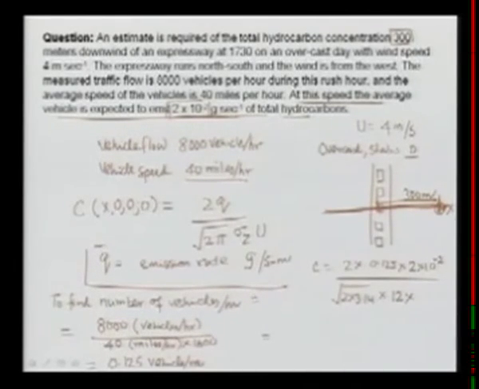Okay, and what was the value of u, the wind speed? Wind speed is 4 meters per second. And now we have to simply do the calculation. 2 times 0.125 times 2 exponential 2 is so much, divided by 2 times 3.14, we take the square root of that, multiplied by 12, multiplied by 4.